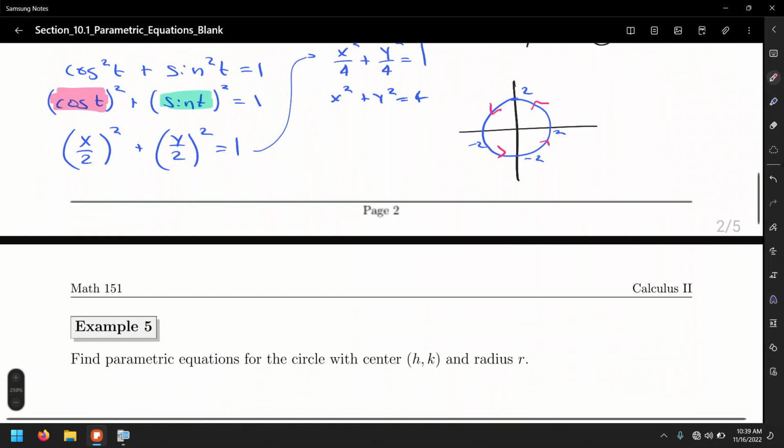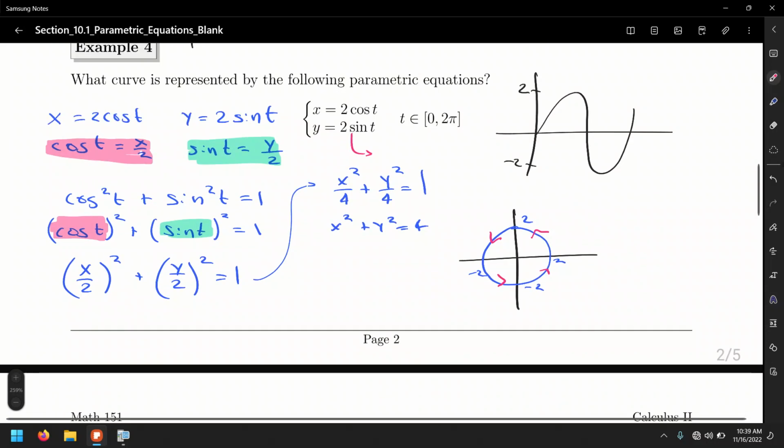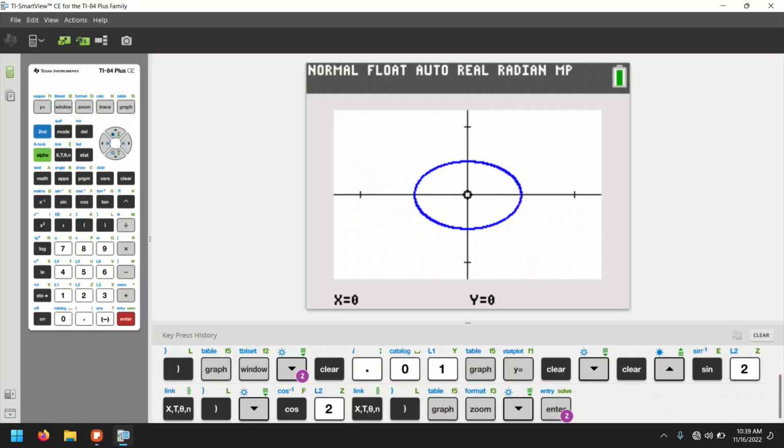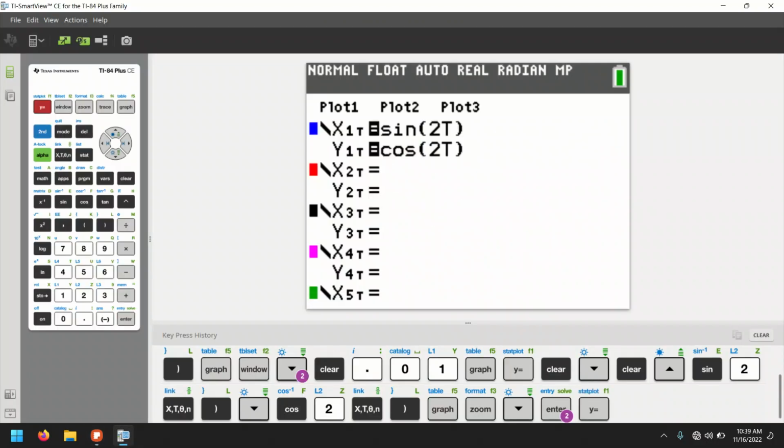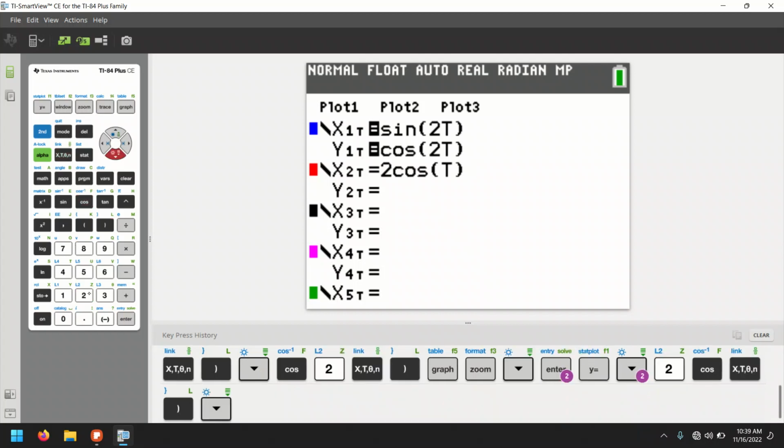However, for this example, we go back to cosine and then sine, which takes us back to the counterclockwise direction. And you know what? Let's plot them, just so you can see the difference. So that's going to be 2 cosine t and 2 sine t.